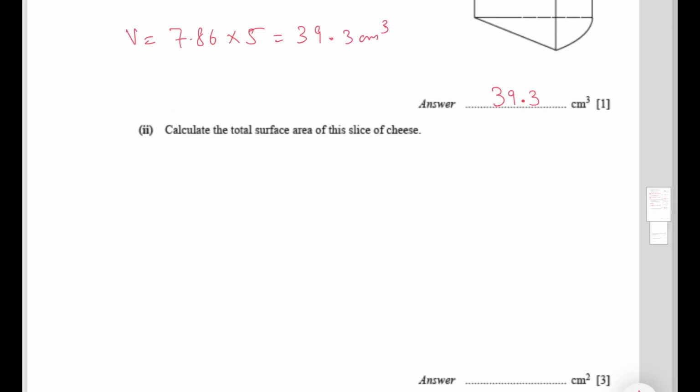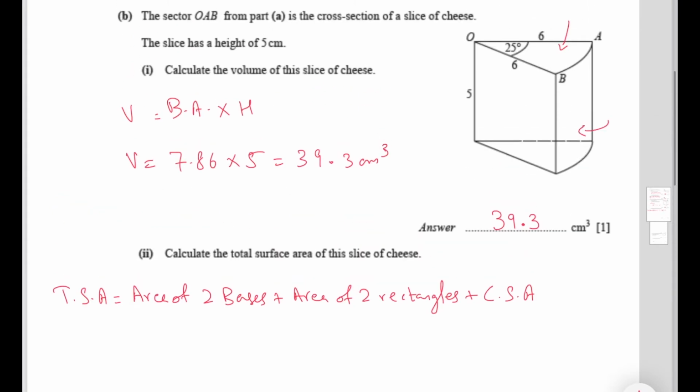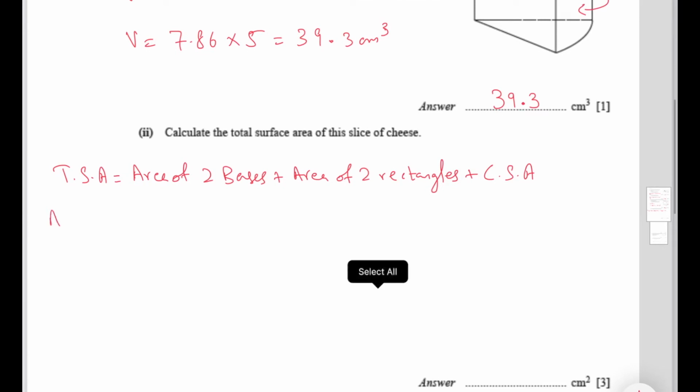The next part says calculate the total surface area of this slice of cheese. First of all, in order to find the total surface area, you need the area of the two bases at the top and the bottom, plus the area of two rectangles in the front and the back, plus the curved surface area that is over here. So let's find the area of two bases.